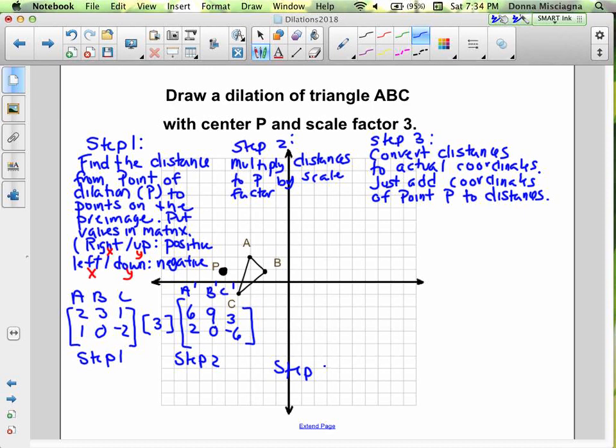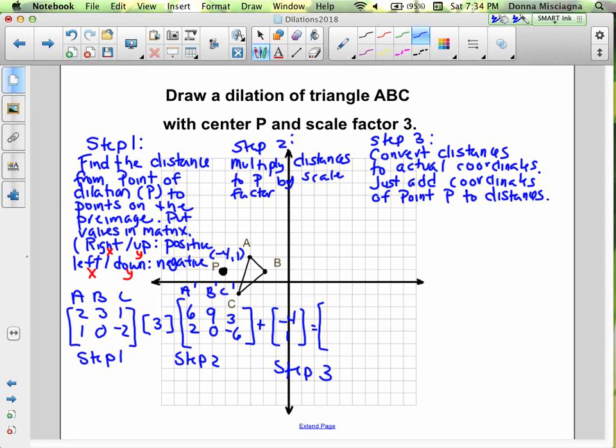If we look at our point P there, our point of dilation is located at 1, 2, 3, 4, so -4, +1. All we have to do is add -4, 1 to all of our coordinates, and now they aren't just going to be distances from point P, they're going to be actual locations. So we just convert it by adding in what point P was.